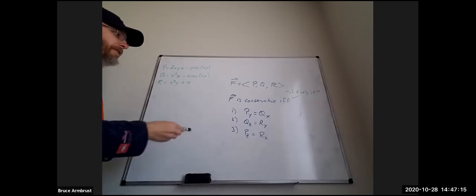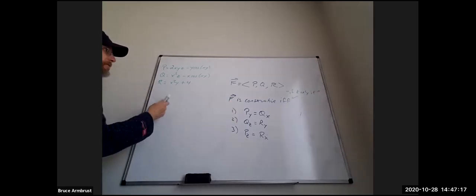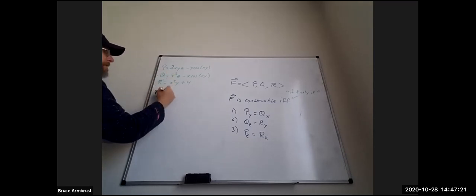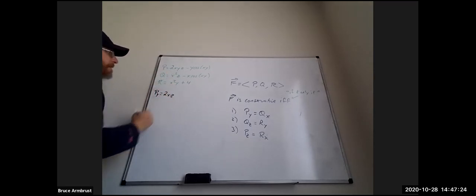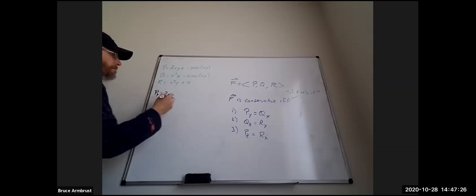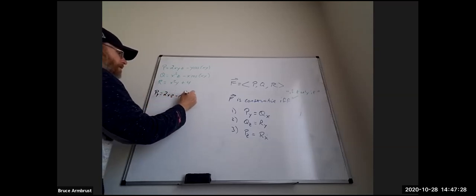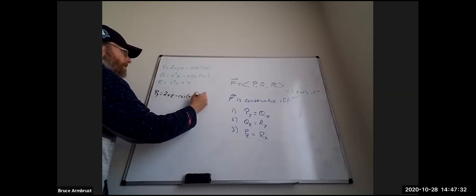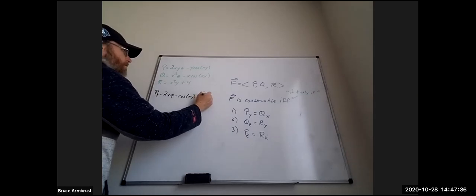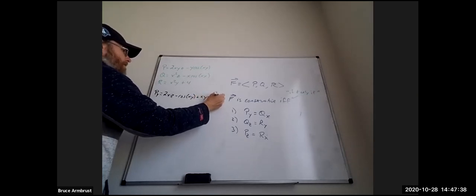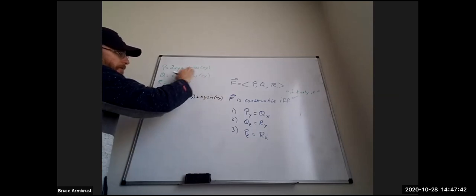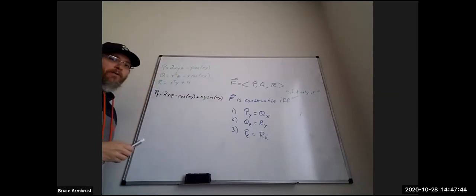All right, so here's how we're going to play this out. We need all these different partials. So let's look at py. Py is 2xz minus cosine of xy plus xy sine of xy. These two pieces came from the product rule on y cosine of xy.